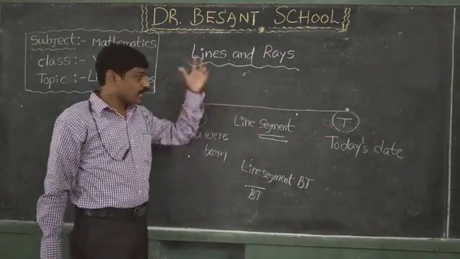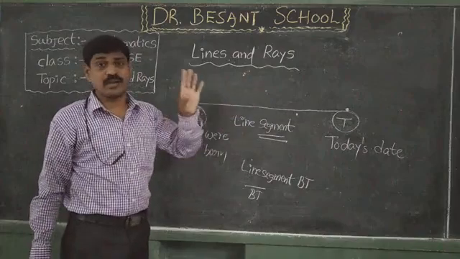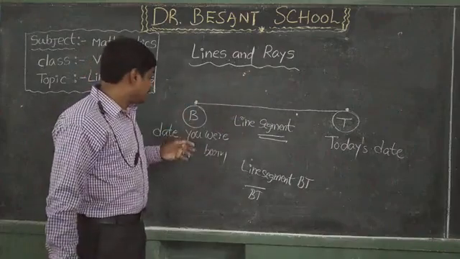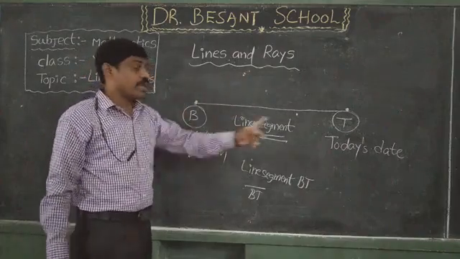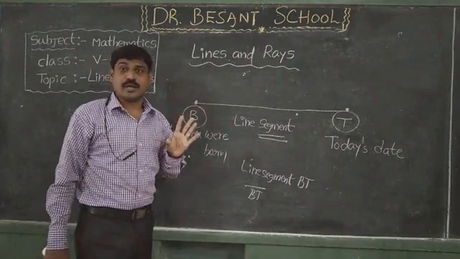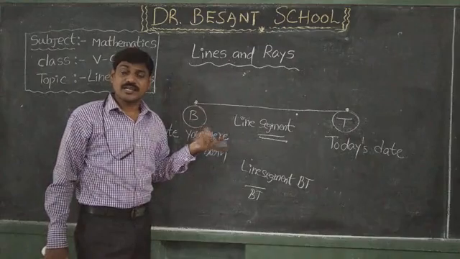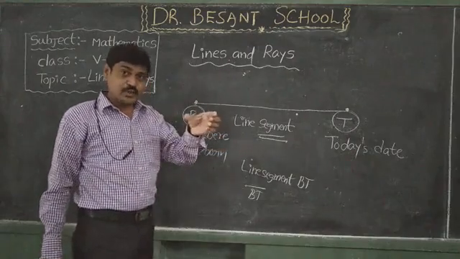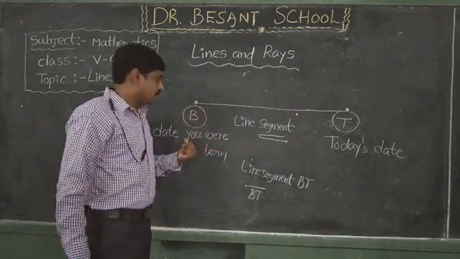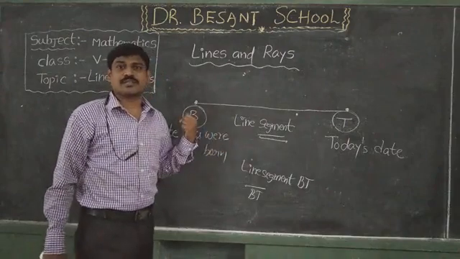So this is the mathematical approach, the relation between the date you were born and today's date, connected and joined with a line segment.